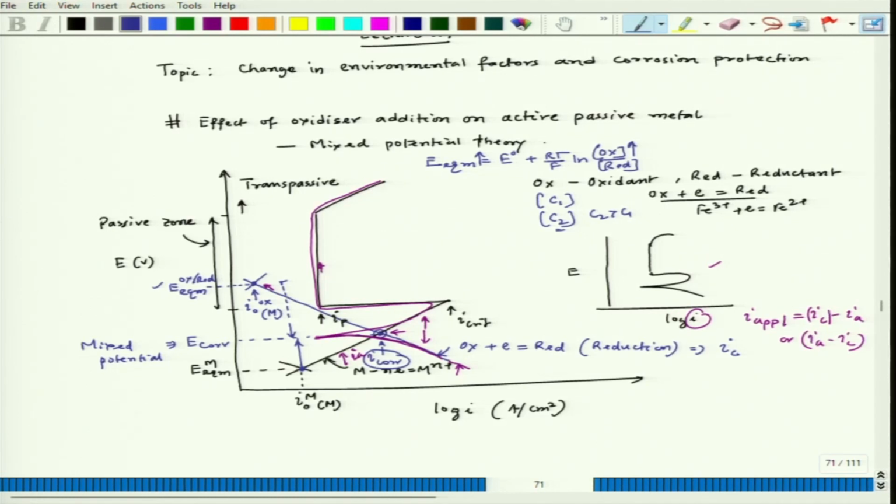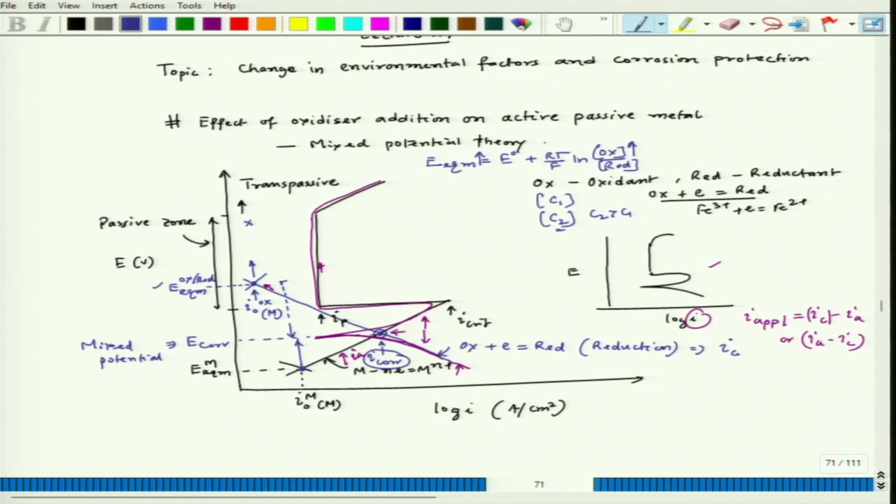So, like that way this potential would keep shifting up, and if we follow the same slope for the cathodic reaction, or cathodic polarization line, let us say it reaches this point, or let us say for our reference this point.